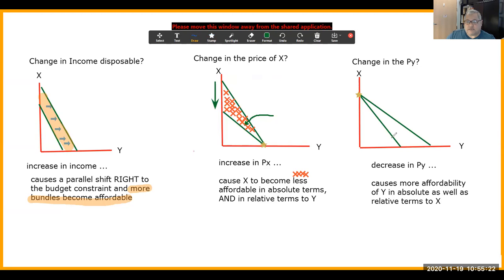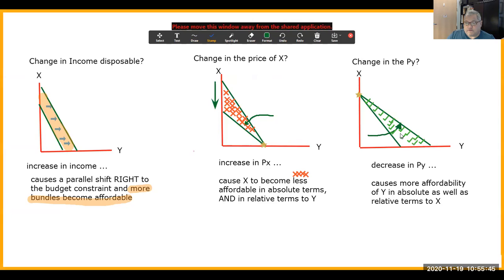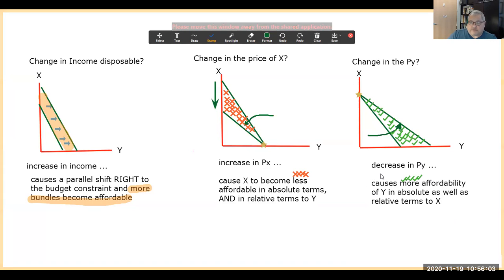And what we see is a swiveling outward like that. And we have greater affordability. So instead of having X's, we have checks, because we now have more bundles that are feasible than before. And because we have more bundles, we are able to achieve or attain higher levels of utility as a result of that. So I'm going to put check marks on top of the word more to symbolically represent an expansion of feasible bundles of consumption of X and Y.